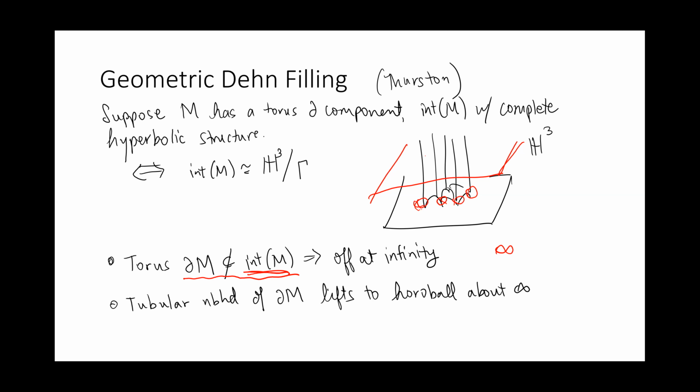But a tubular neighborhood of the boundary now lifts to a ball, a horoball, and a fundamental domain for the neighborhood is going to look like a parallelogram on a horoball, like so.